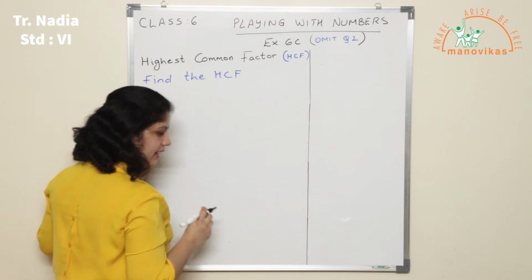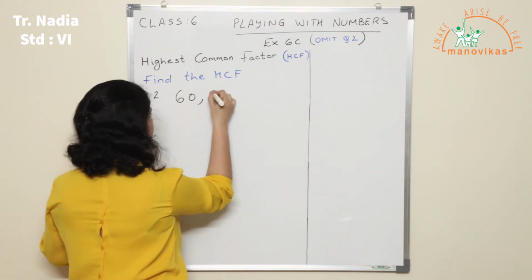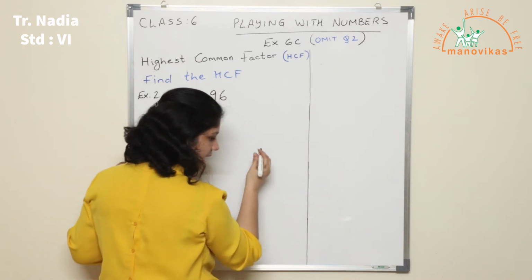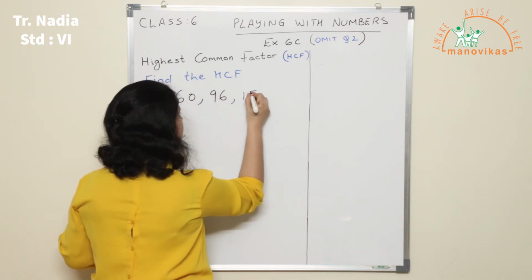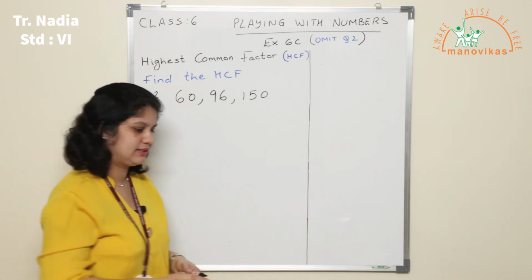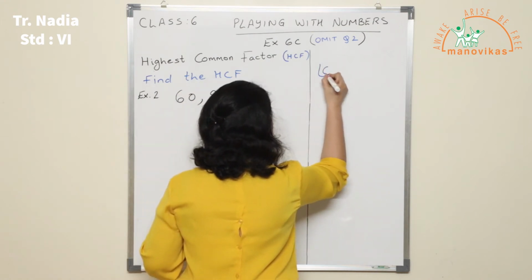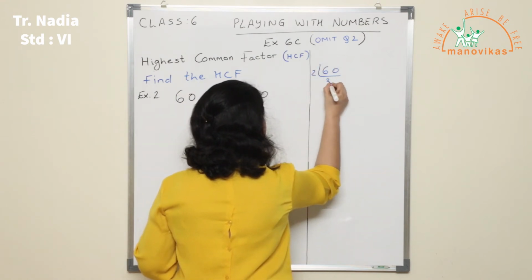So you're asked to find the HCF of 60, 96 and 150. The method is the same, but here you have 3 numbers. So what you need to do is factorize all the 3 numbers. Let's factorize 60 first.